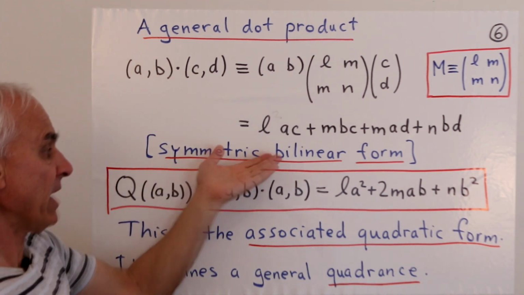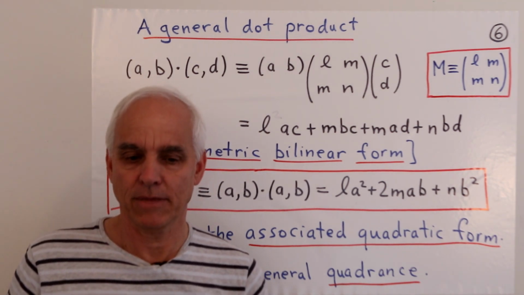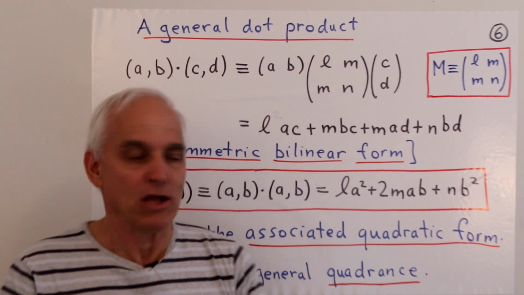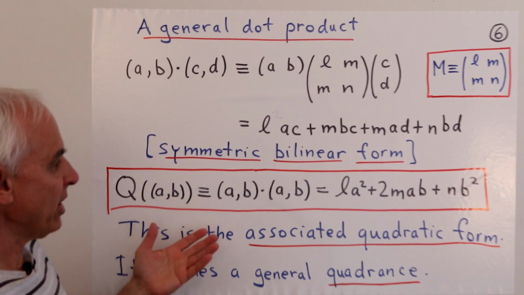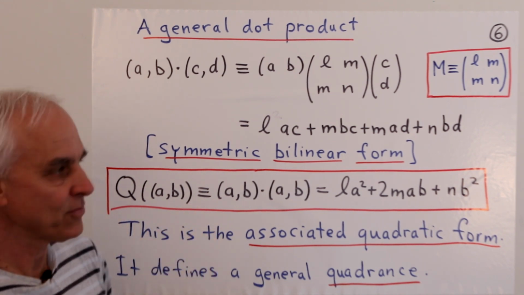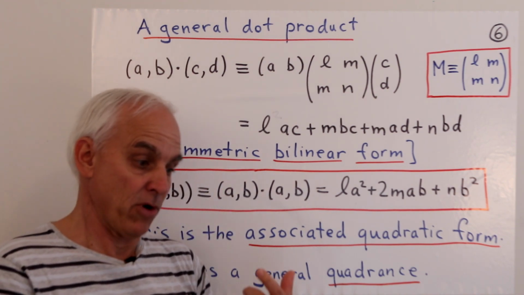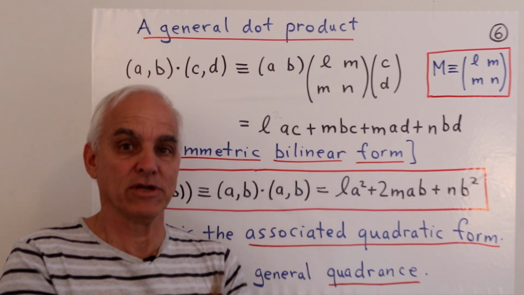Okay, so in mathematics, this is called a symmetric bilinear form, and it's a kind of a staple of abstract linear algebra. And associated to it, there's a quadrance. So once we know how to take the dot product between 2 vectors, we can take the dot product between a vector and itself, and we'll call that naturally the quadrance of the vector.